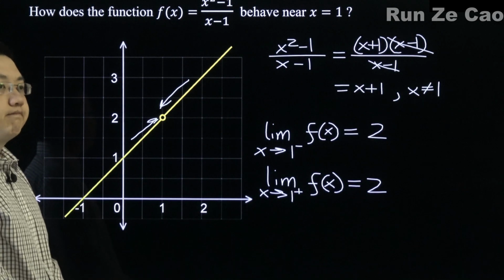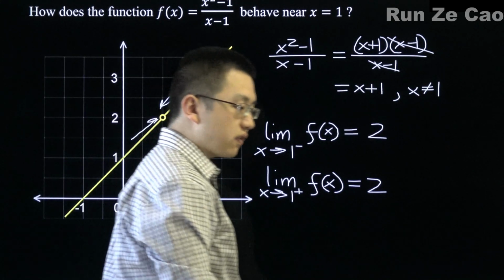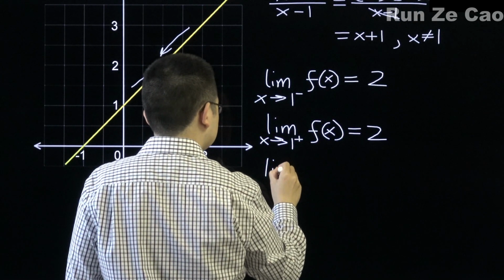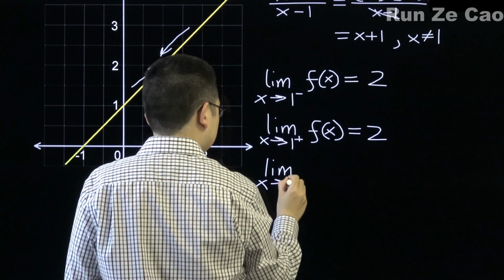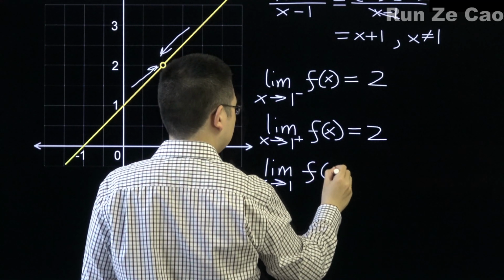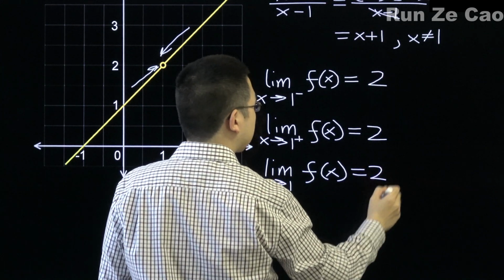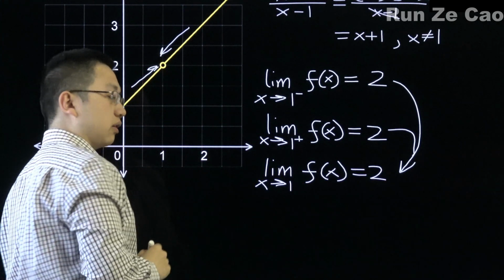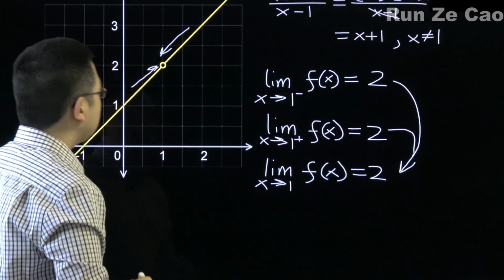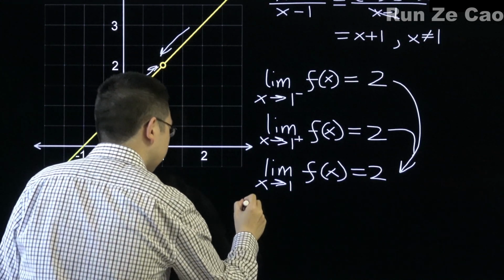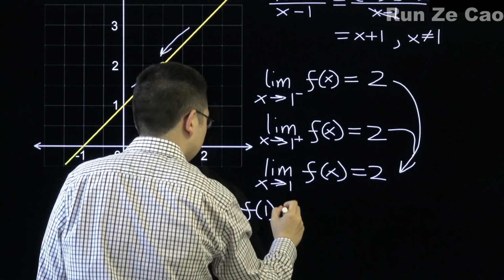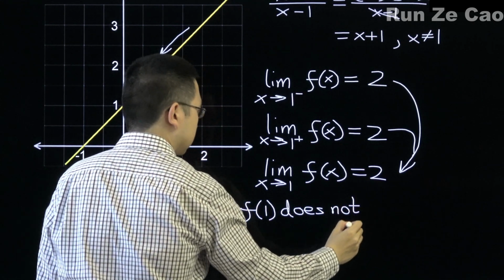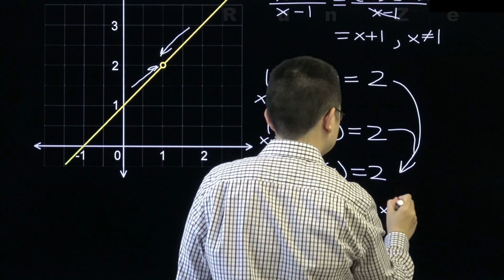And then what? Hey, what's the value of f of 1? It doesn't exist. But what does exist? The limit as x approaches 1 of f of x is equal to 2, because these two get put together to make the limit as x approaches 1 in general. And f of 1 does not exist.